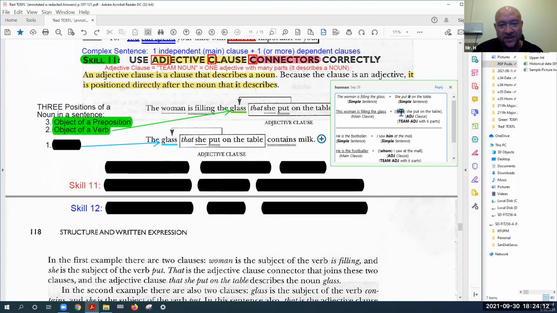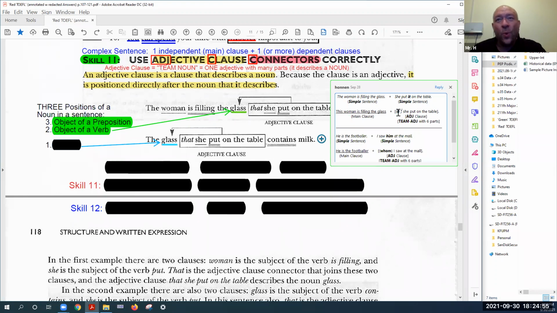Do you understand? So basically what happens, I take the object, change it to a connector. And remember the formula, the connector is always first. So it's connector, then subject, then verb. Is that clear?